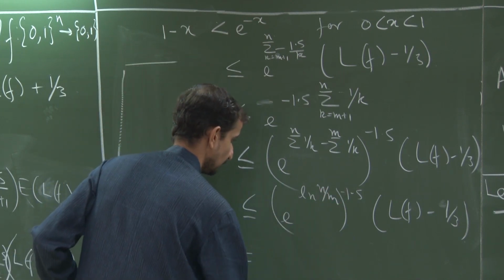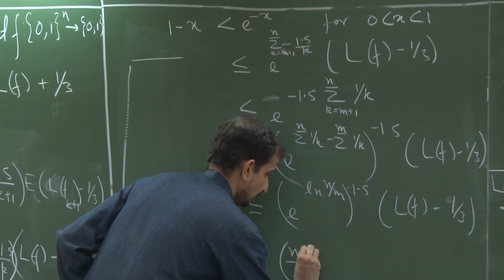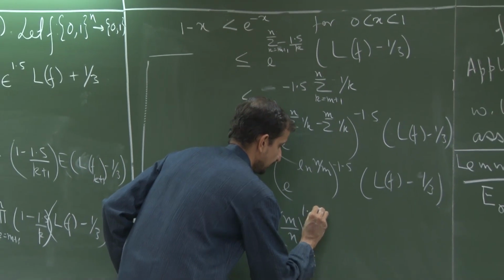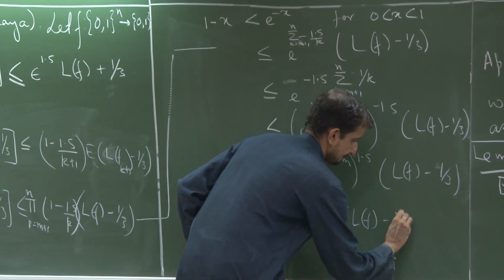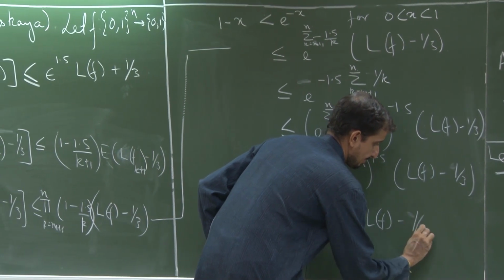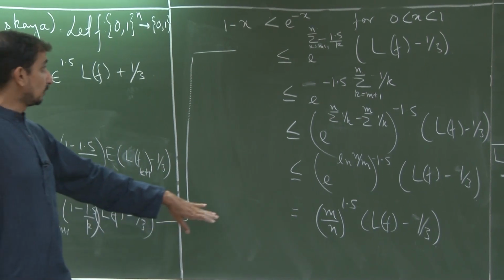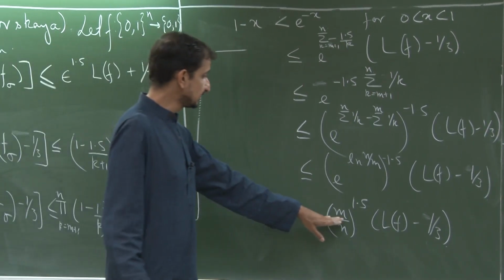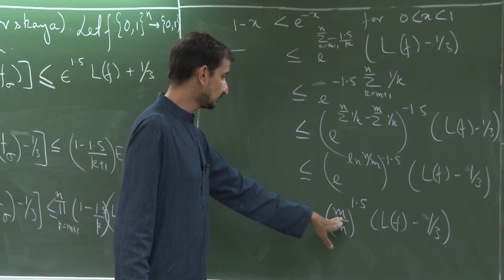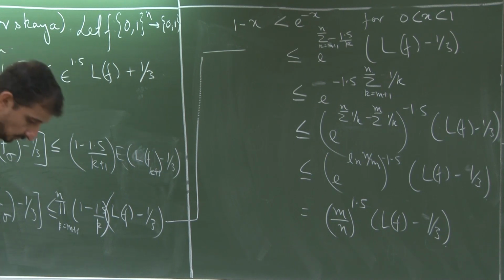So this becomes equal to m by n to the power 1.5. Now, what is m by n? m is epsilon times n, so this is epsilon to the power 1.5. Okay, so are we done?